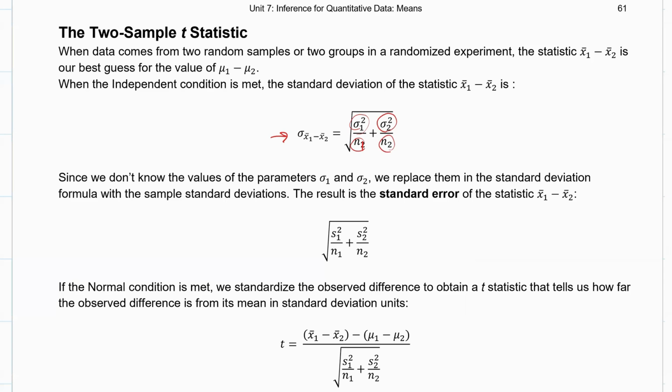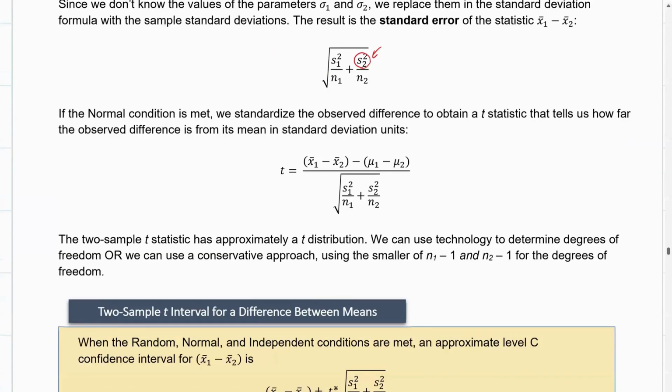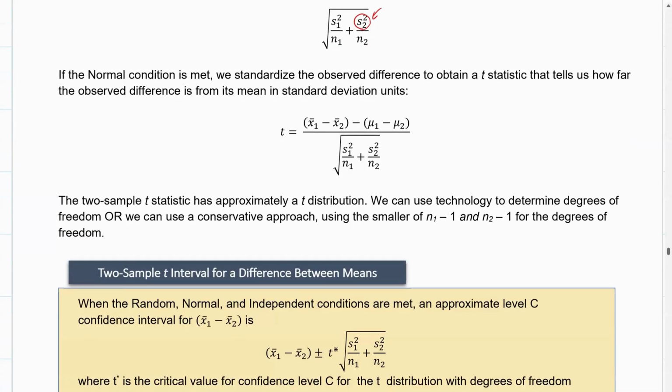But in truth, what usually goes on is we don't know sigma. We settle for knowing the sample standard deviation. And instead of calling this the standard deviation of the difference of means, we call it the standard error for the difference of means.